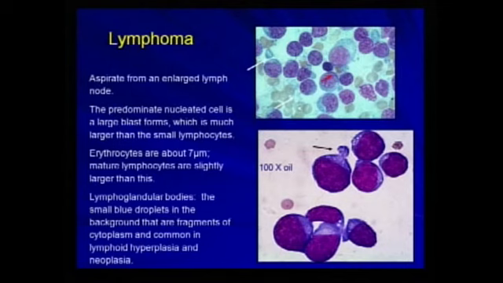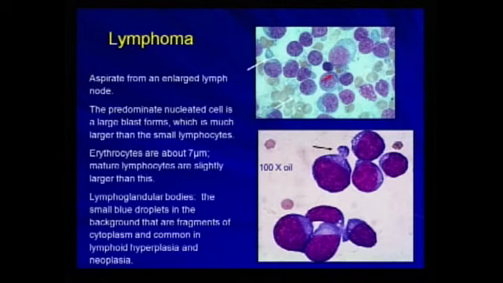And then we look at the numbers of lymphoblasts versus lymphocytes. Our cutoff at AFIP is approximately 40%. If 40% of cells are lymphoblasts, to us that is enough to make a diagnosis of lymphoma.